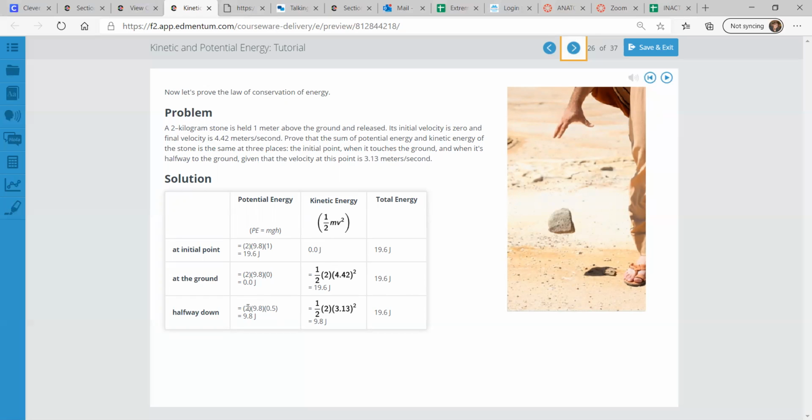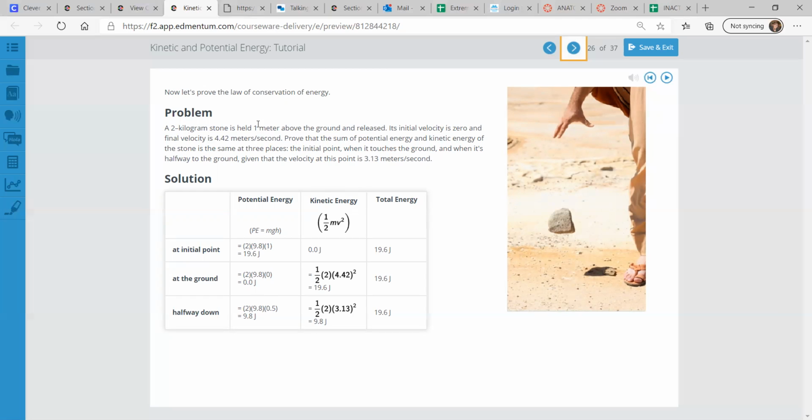And then if you go to a point halfway down, between where you leave it and before it hits the ground, you have to add the potential energy and kinetic energy. So you have mgh, which is 2 kilograms, times g, 9.8, times the height midway between when you leave it and the ground.